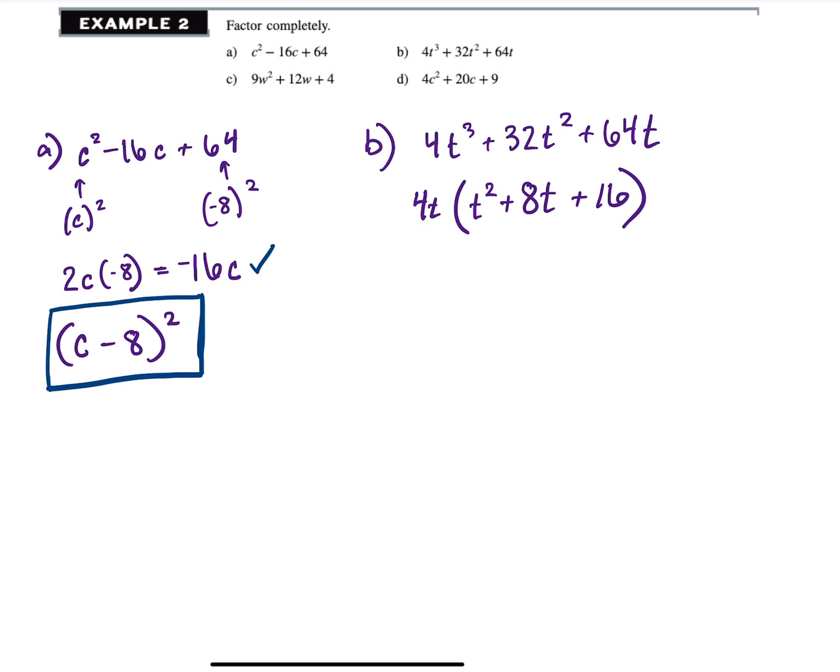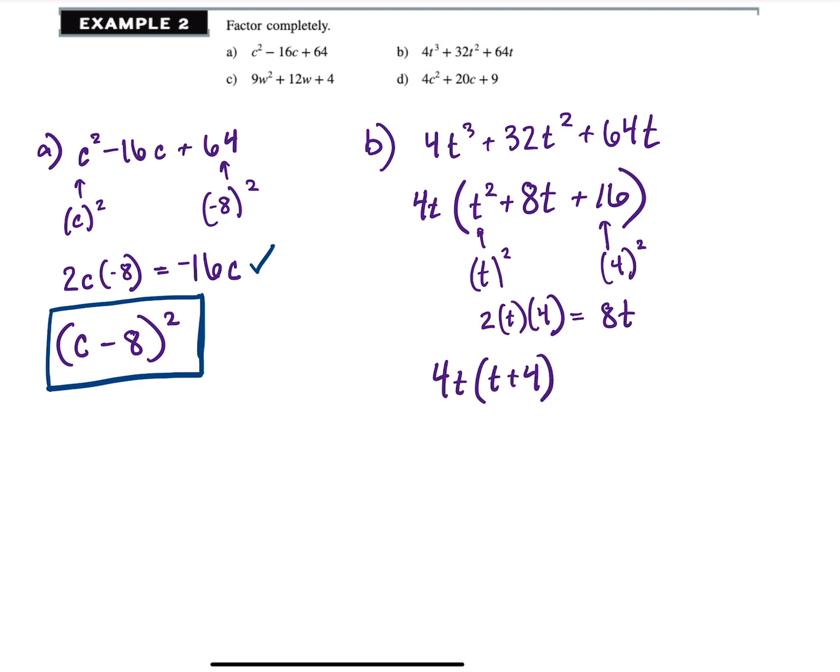Checking for our pattern, I see we have t squared, and then 16 is 4 squared. So I'll see if I do 2 times t times 4, does it equal 8t? Which it does. So that means inside those parentheses, it should factor into t plus 4 squared. And then we have the 4t out in front.